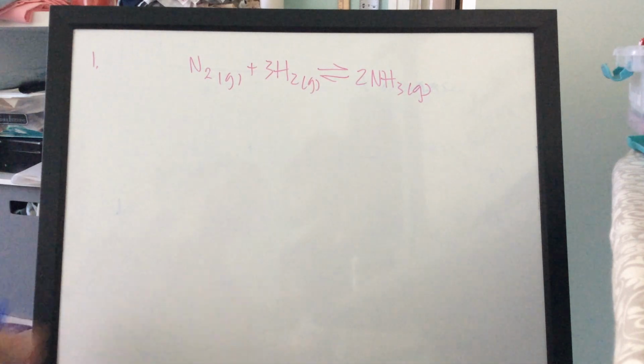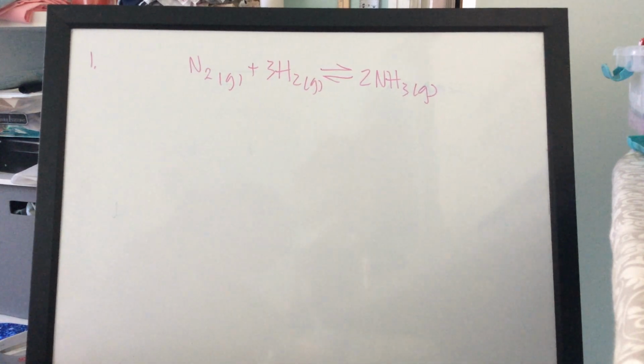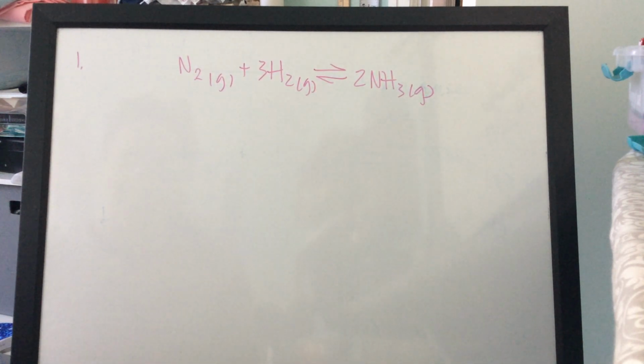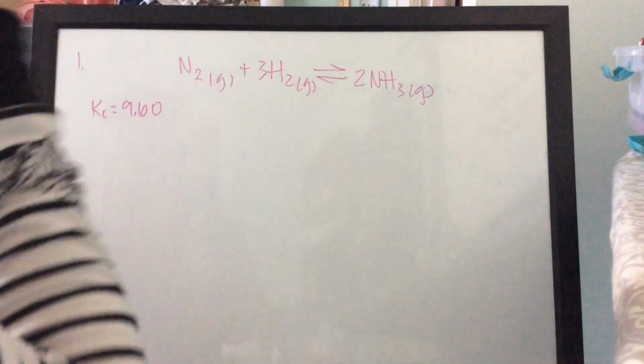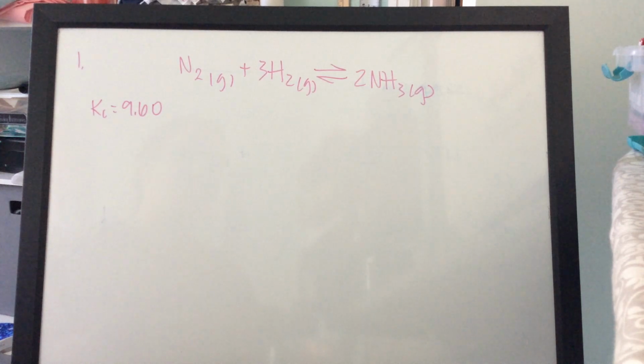So there's my equation. It says Kc is equal to 9.60. Notice Kc is unitless. We're going to talk about that later, but you can kind of not sweat it because Kc and Kp are unitless, which makes it really nice. So they want to know Kp.